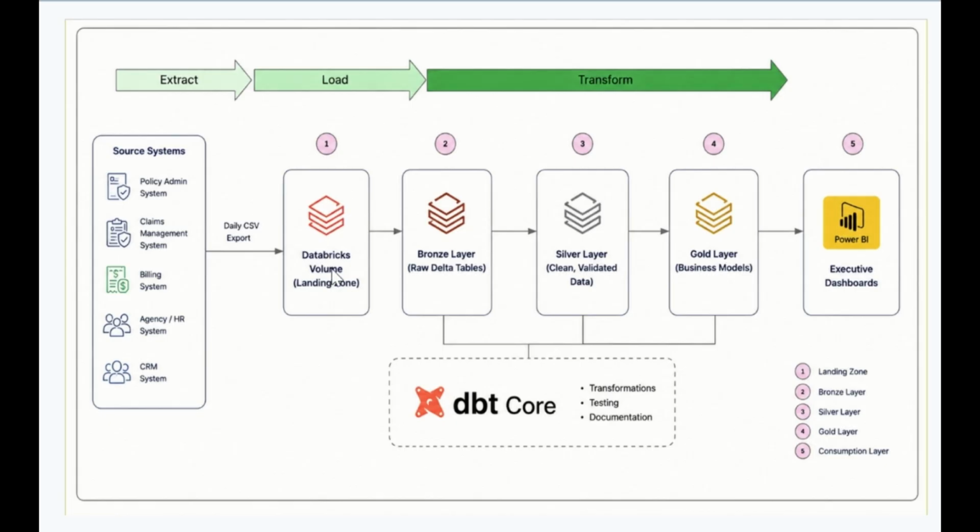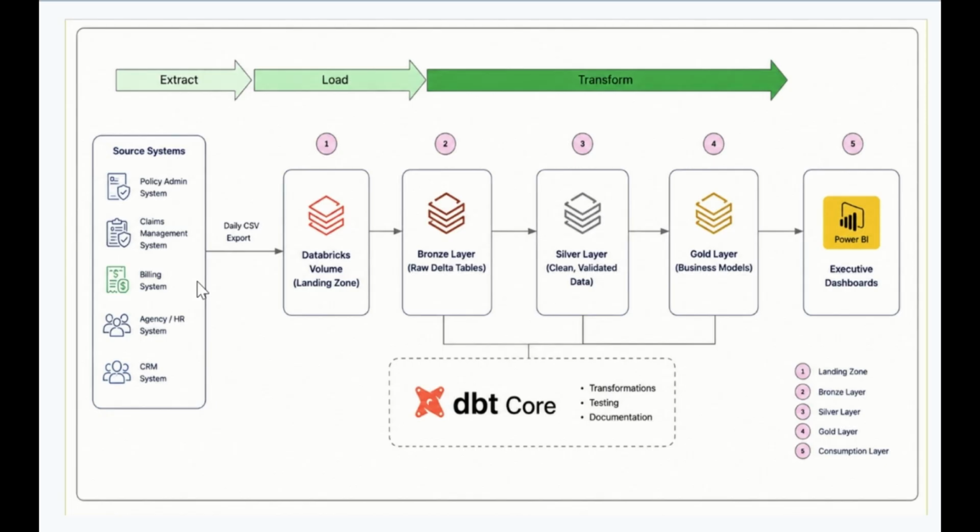We are going to load the data into Databricks, and then within Databricks, we are going to store the data in the bronze layer. The bronze layer basically stores all the raw data that is coming from the systems.